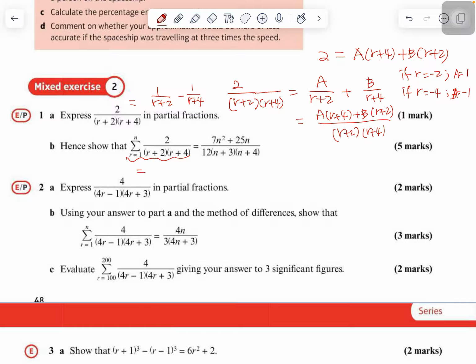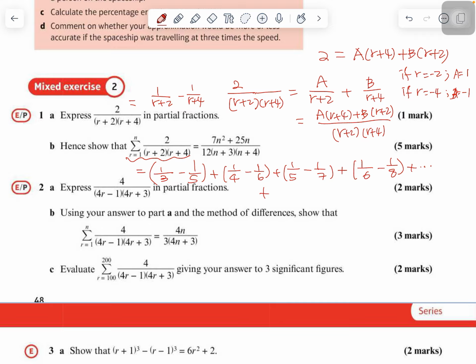So let's start with r equals 1: 1 over 3 minus 1 over 5. Then r equals 2: 1 over 4 minus 1 over 6. Now r equals 3: 1 over 5 minus 1 over 7, then 1 over 6 minus 1 over 8, and so on.